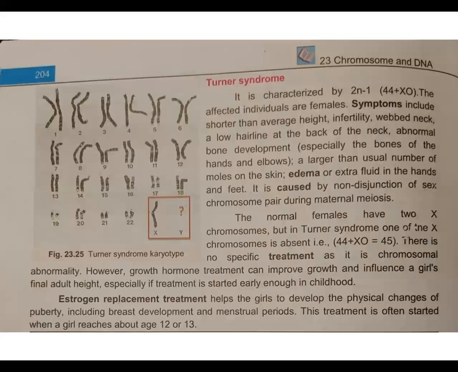Due to a point mutation, the enzyme becomes defective, and phenylalanine gets converted into toxic phenylketones, which accumulate in the nervous system, resulting in mental retardation. This is caused by an autosomal recessive gene, and one can get the disease if it is inherited from both the parents.